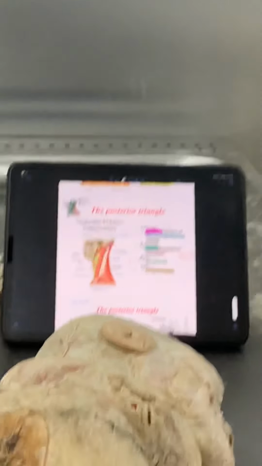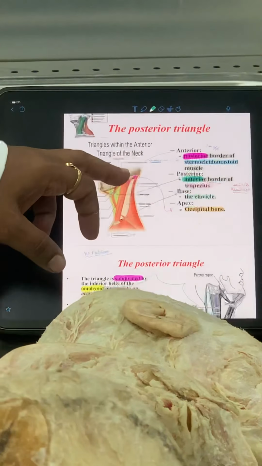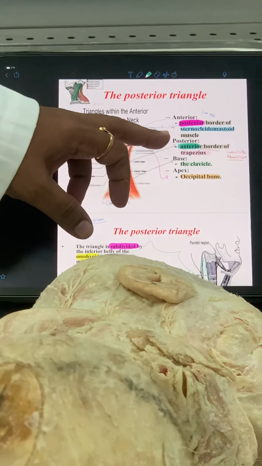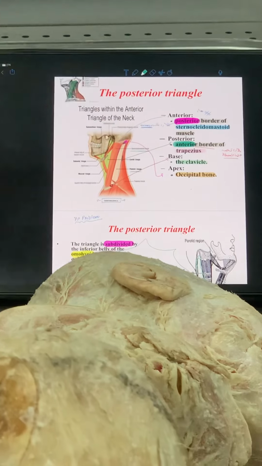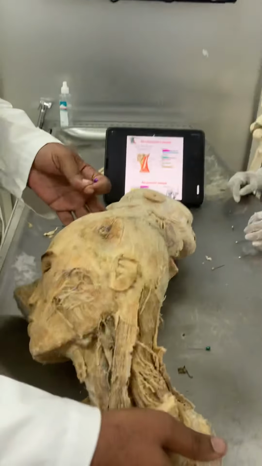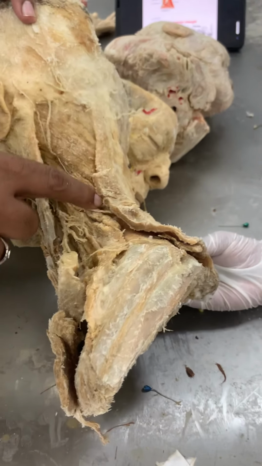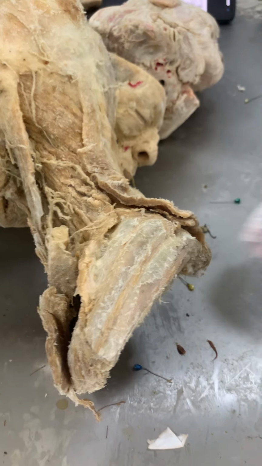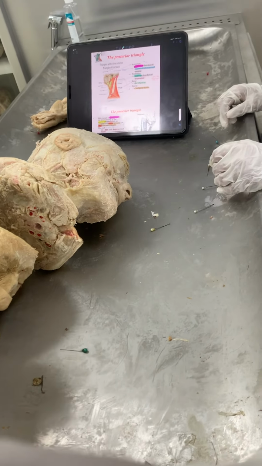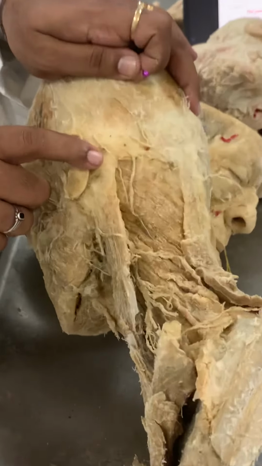Okay. Now, the borders of posterior triangle. What we are studying here, this is the border. So this is posterior triangle. Now you tell the border.